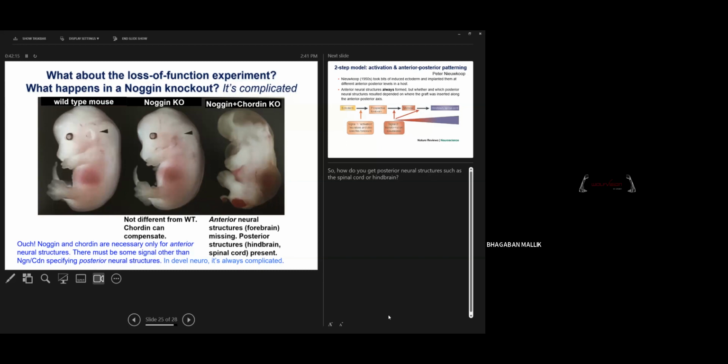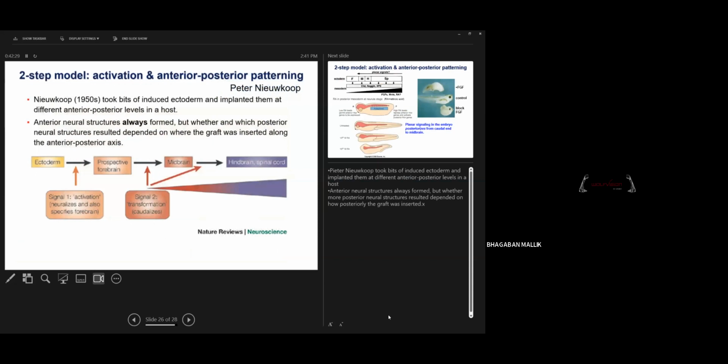Those signals people have also identified. They are called planar signals, and I'll be talking about them soon. What are the planar signals that specify the posterior neural structure? Actually, there is a two-step model during anterior posterior patterning: one is the activation model, another is the transformation model.